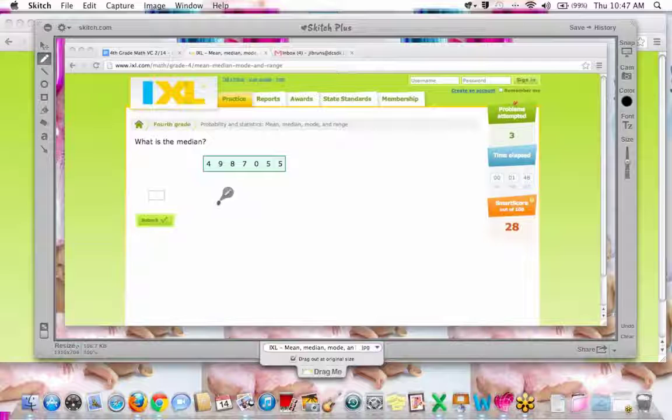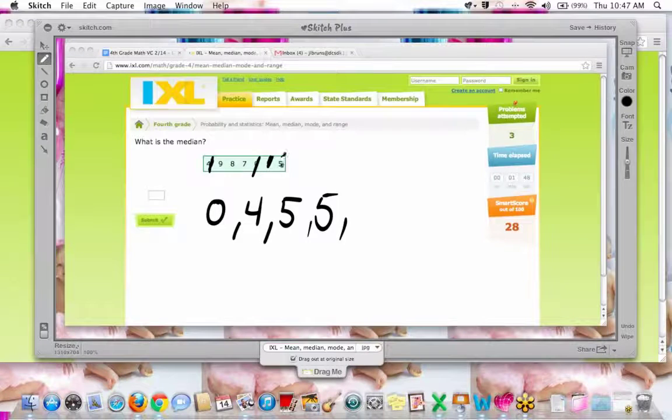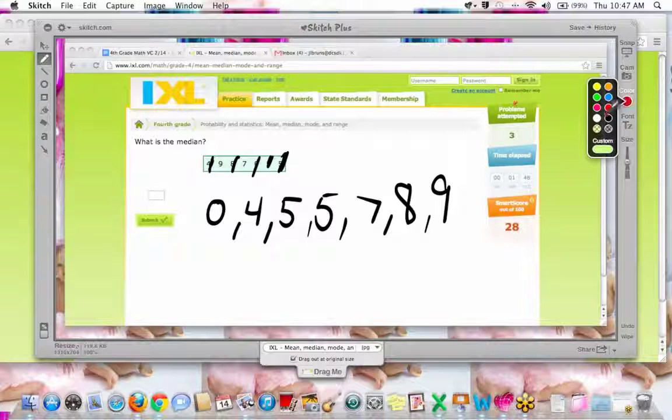So let me just rewrite them in order. 0, 4, 5, 5. Oops, sorry, I almost forgot 7. 7, 8, and 9.